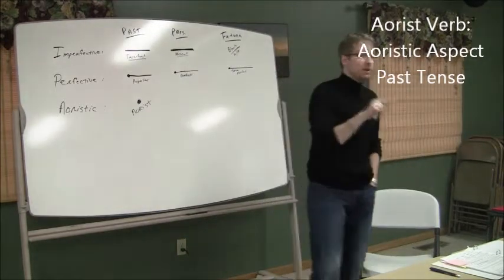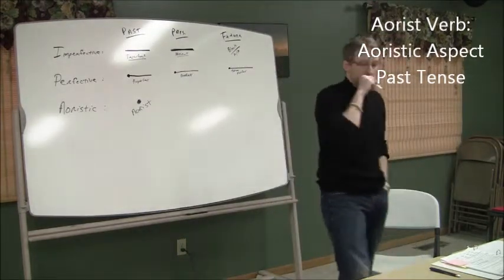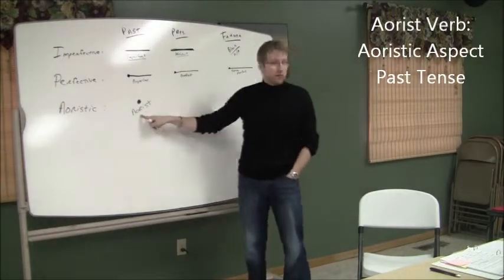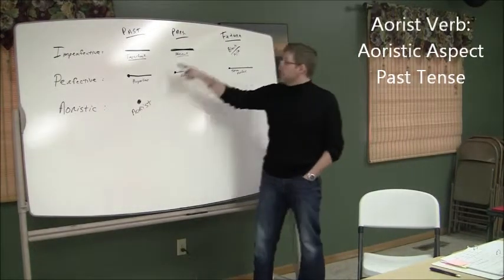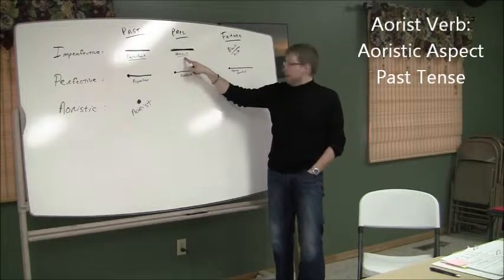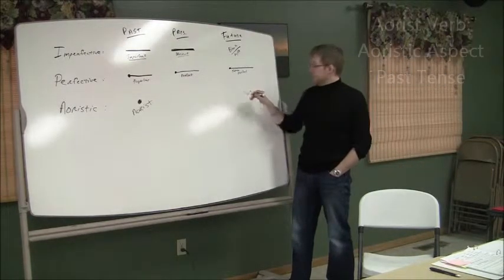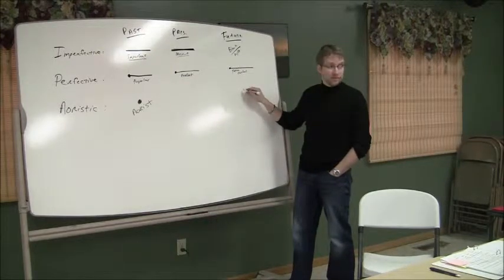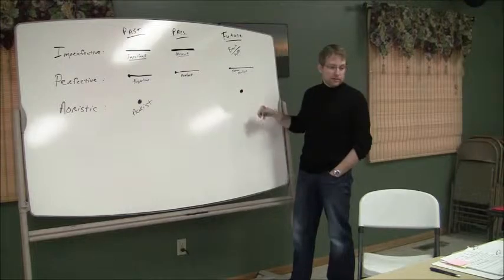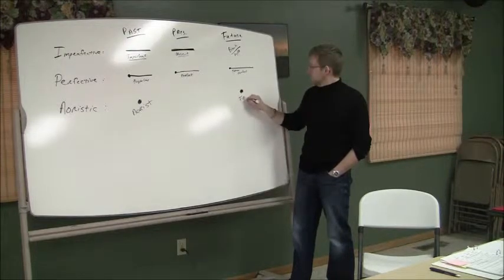When you look in your e-Sword or your tools, an aorist you can think of as a past tense, and then you have a present. And then we're going to come down over here. This is an aoristic aspect, so how am I going to draw that out? A dot. And we're going to call that a future.